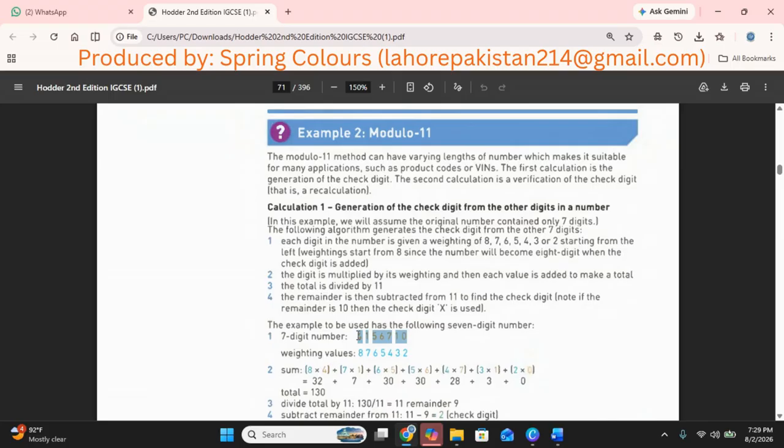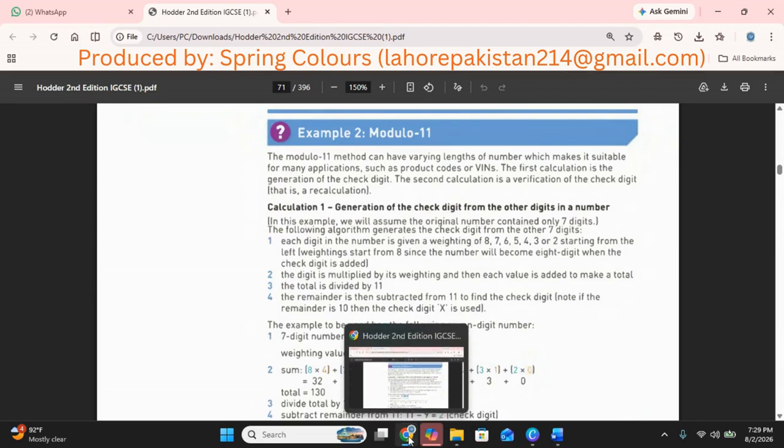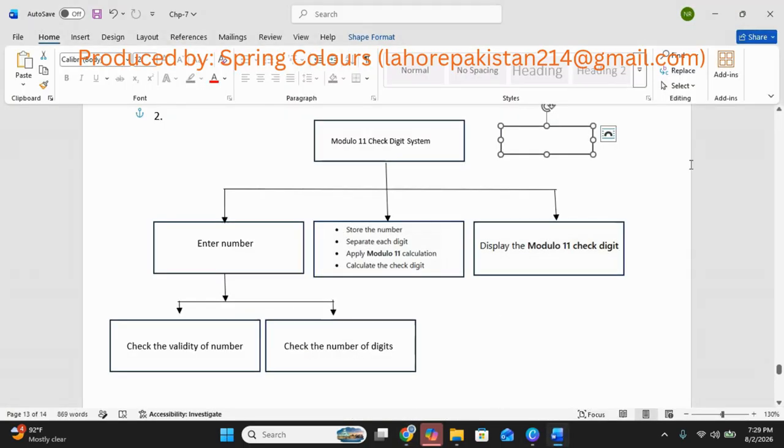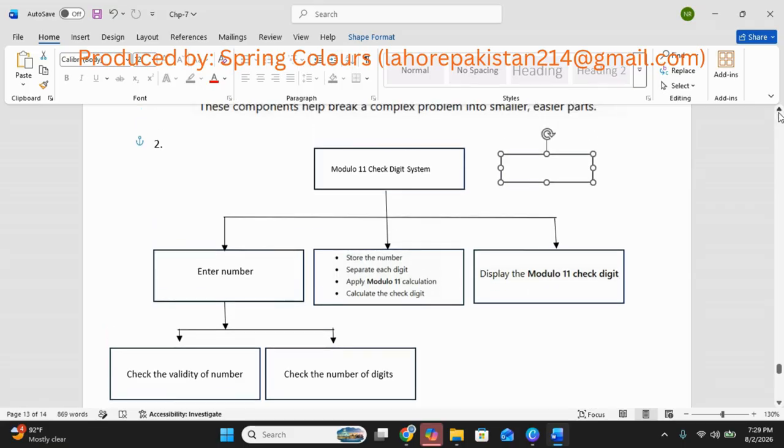So this is one process in which a user is taking one number and a check digit will be attached to it. So we have to make a structure diagram of this modulo 11 check. So this is one suitable diagram for this modulo 11 check digit system.